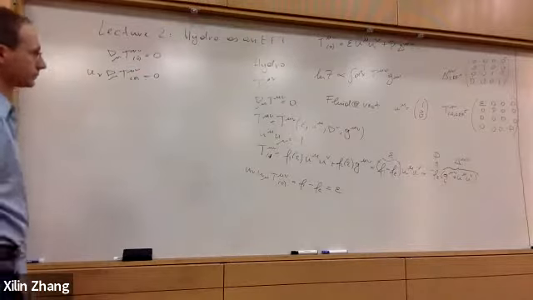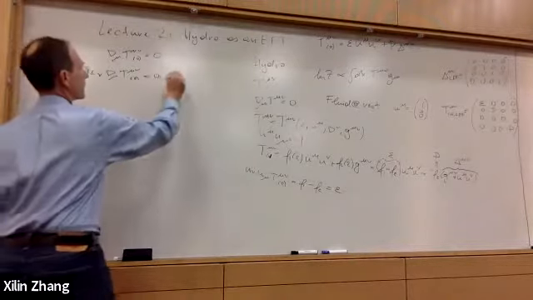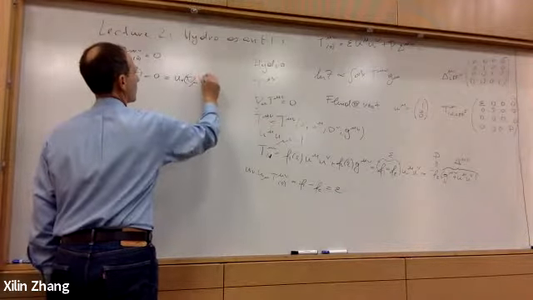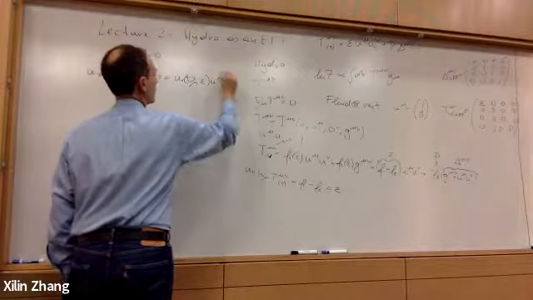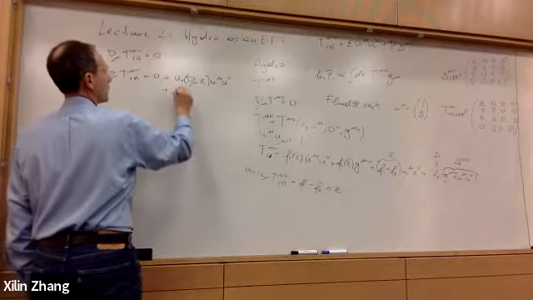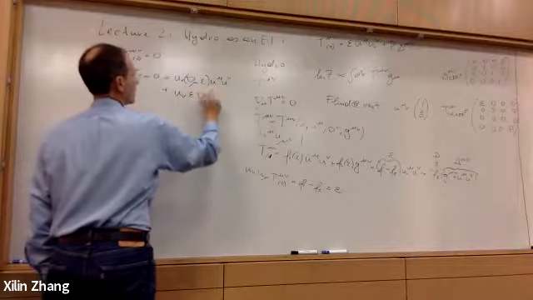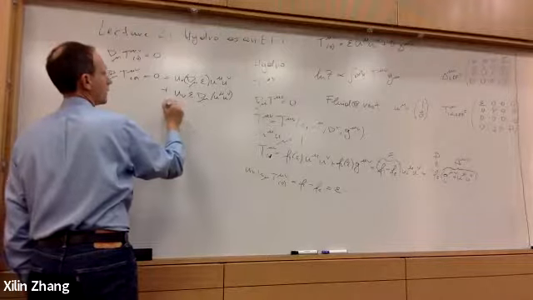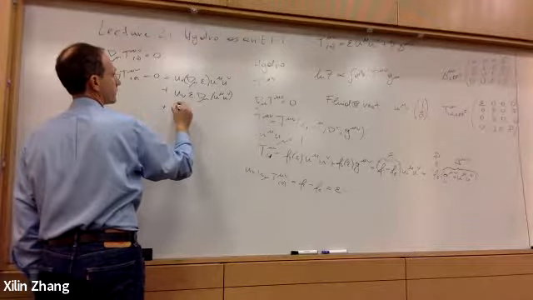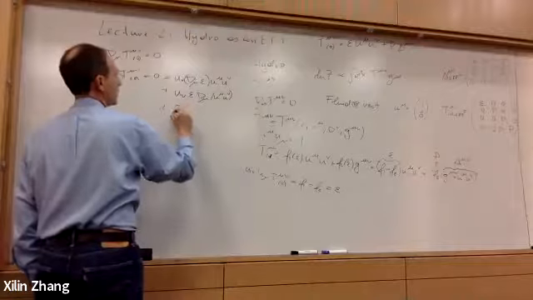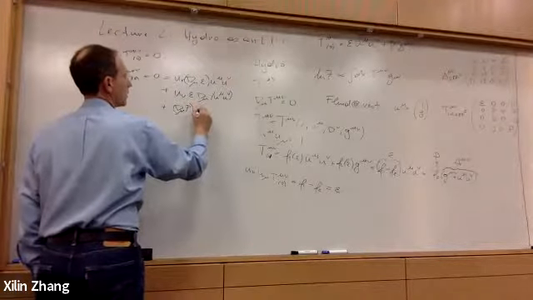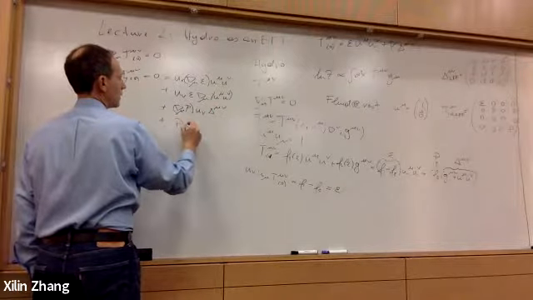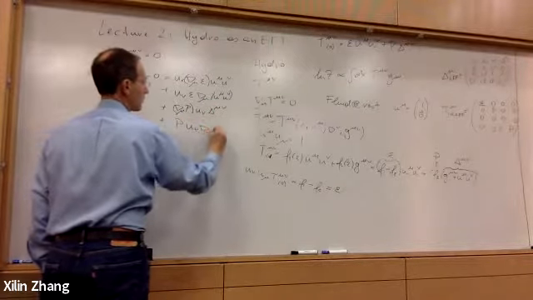And what do we get? We get u_ν ∂_μ (ε u^μ u^ν). Then we have a term ε u_ν u^ν ∂_μ u^μ, and then a term u_ν ∂_μ (p Δ^{μν}), and then p u_ν ∂_μ Δ^{μν}.